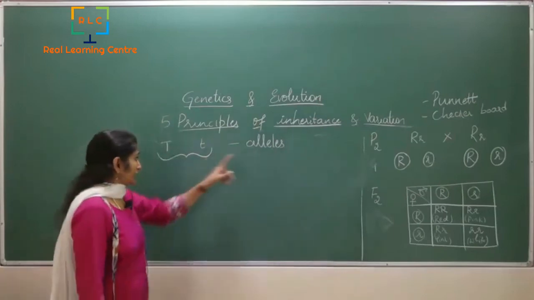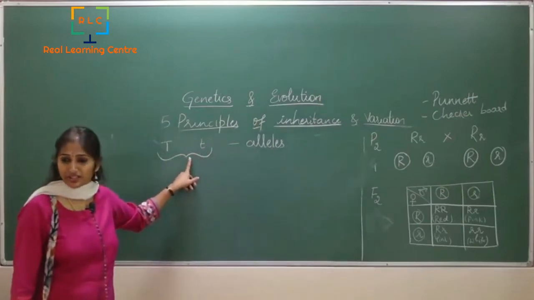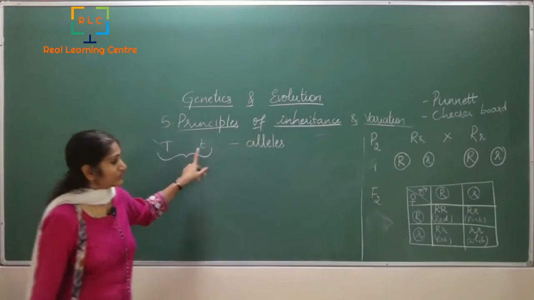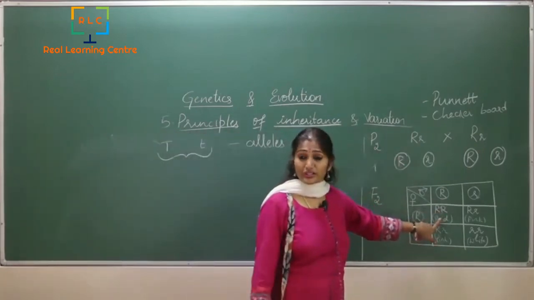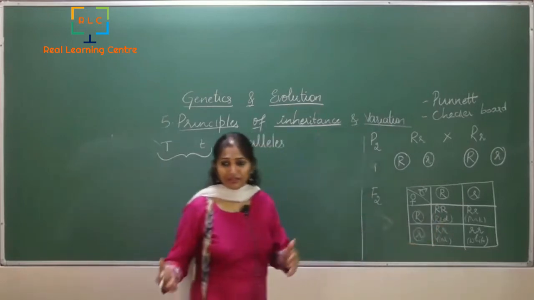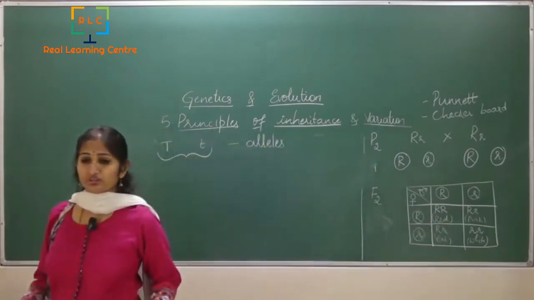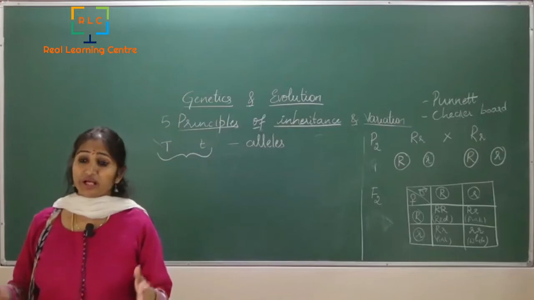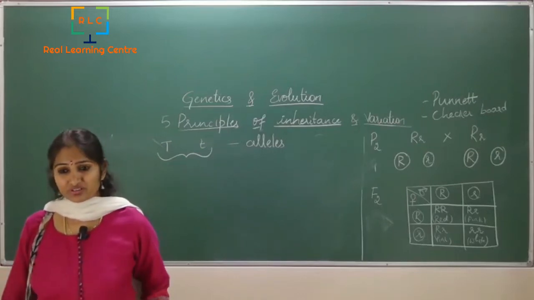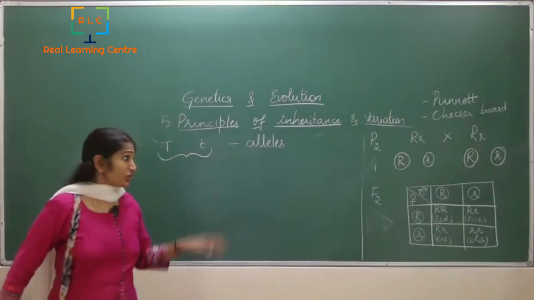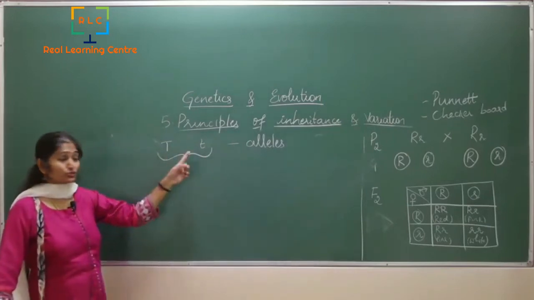The alleles here, you see that they are different, whereas in this particular case, you see that they are the same. So they can be identical in a homozygous condition. They can be different in a heterozygous condition. It's not just for many traits, it's not just only two types.